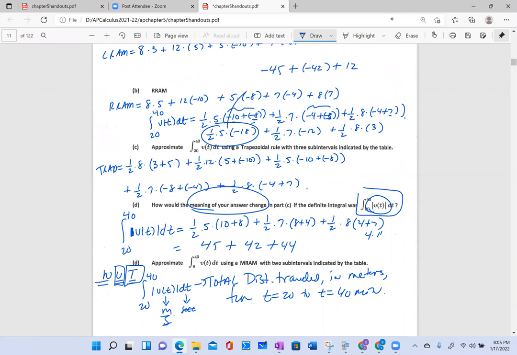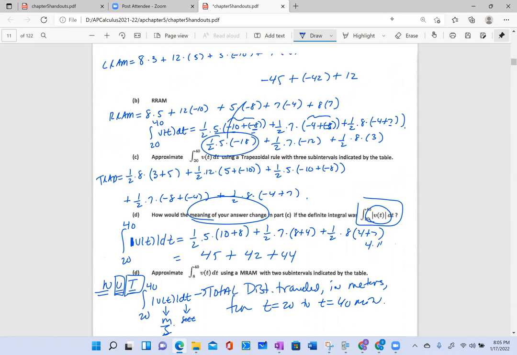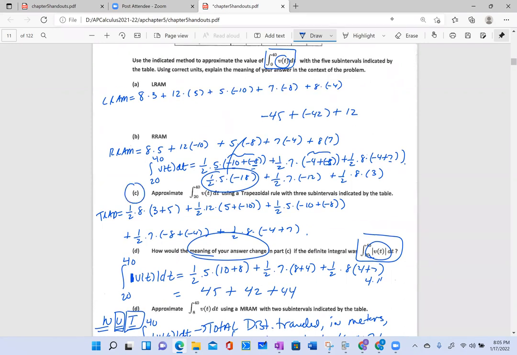Now all of my area has turned positive, which represents the total distance traveled, rather than up in part C, which was the change in position in meters from t equals 20 to t equals 40. And this was the total distance traveled.